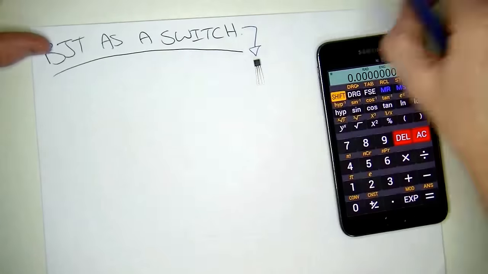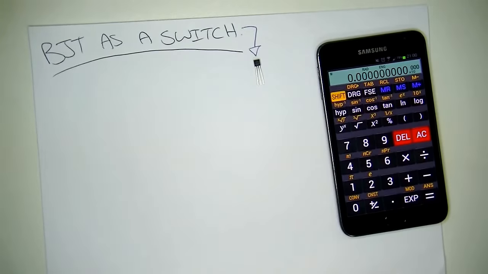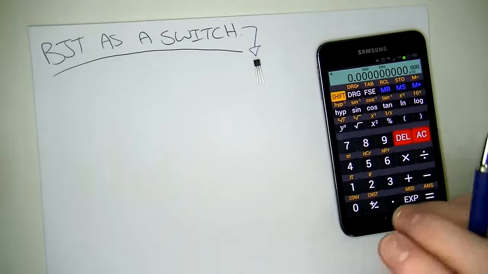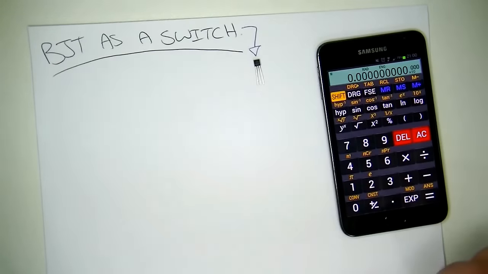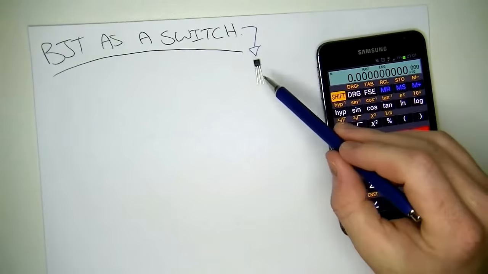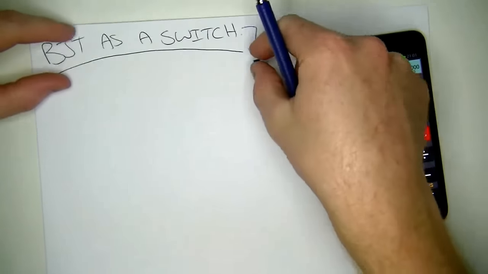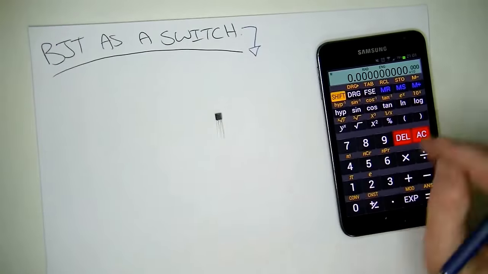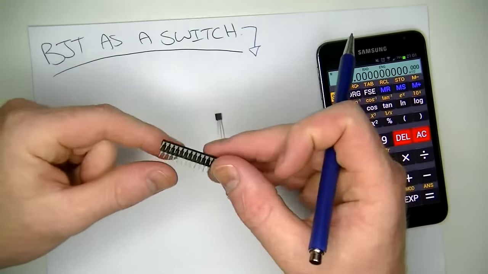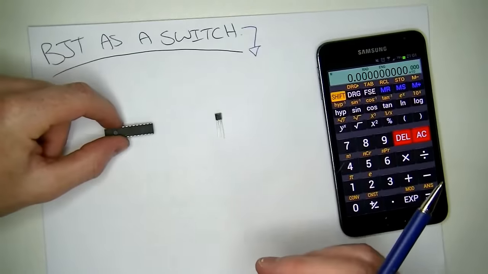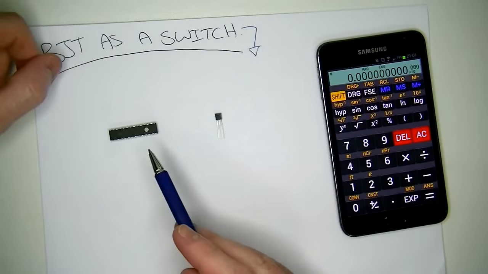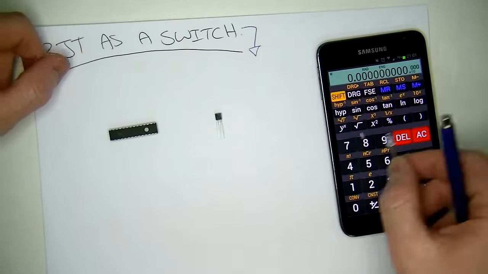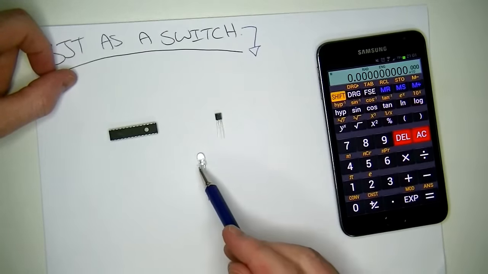Alrighty, so the BJT as a switch, very, very handy, but what does that mean exactly? Well, if we want to use a BJT as a switch, let's say we've got a microcontroller, and we want that microcontroller to turn on an LED.